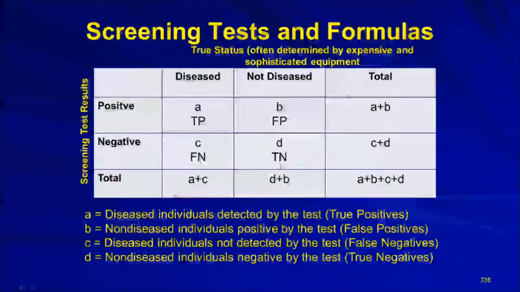Sensitivity has to do with these two, and specificity has to do with these two. I'll talk about those more in detail. But when we're talking about positive predictive value and negative predictive value, we're doing row work across. When we're dealing with sensitivity and specificity, we're doing column work.